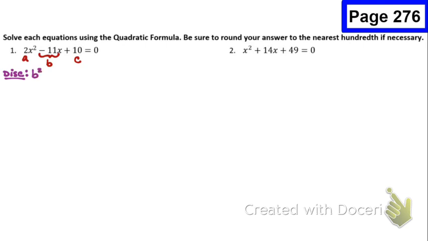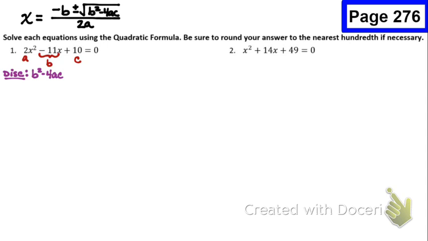The discriminant is b squared minus 4ac. Let me write quadratic formula up at the top here. X equals negative b plus or minus the square root of b squared minus 4ac all over 2a.